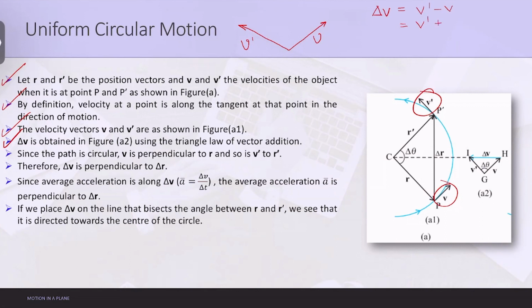It is equal to V dash plus minus V, right? So just have to put it here. So this is your V dash, correct? Minus V can be written like this. So this is your minus V, and I just rotated it here. Therefore, what will be the direction? The direction of the delta V will be in this case scenario like this.